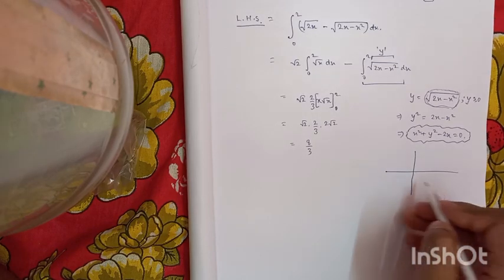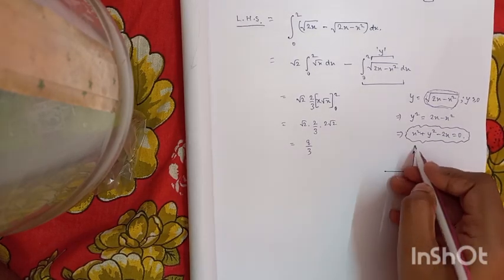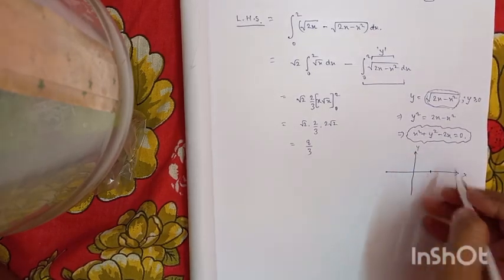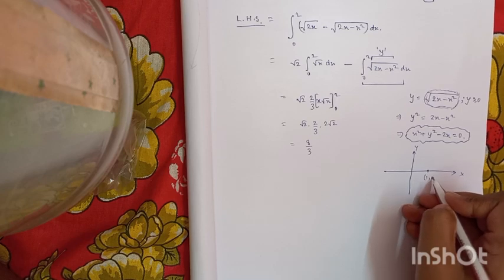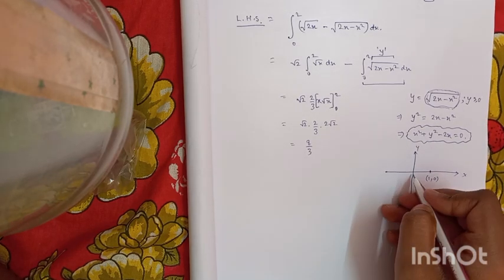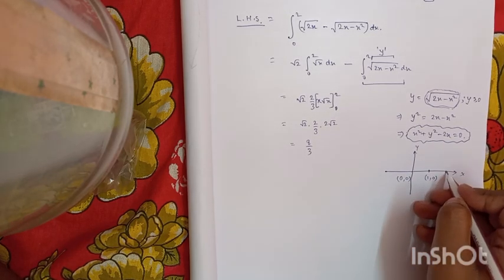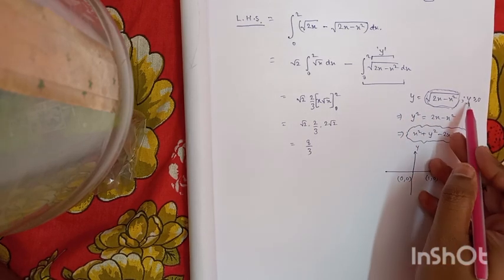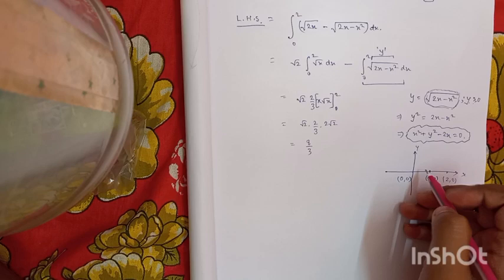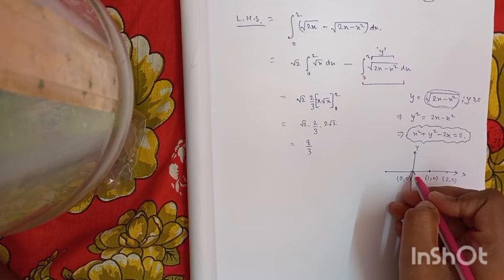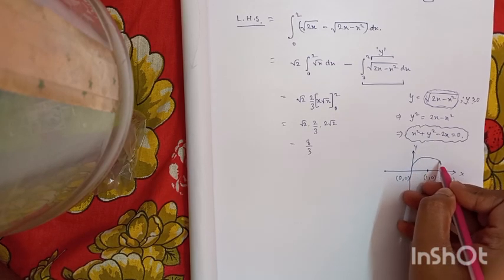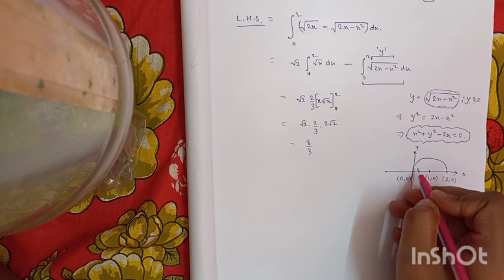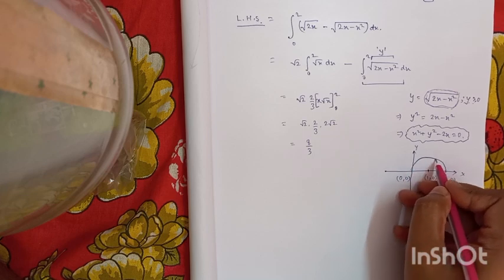So let me draw it. This is our coordinate axis. This is the xy plane, and here this is the point 1, 0. This is the origin, and this is the point 2, 0. So as y is greater than or equal to 0, y is the positive part of this circle, that is this region.